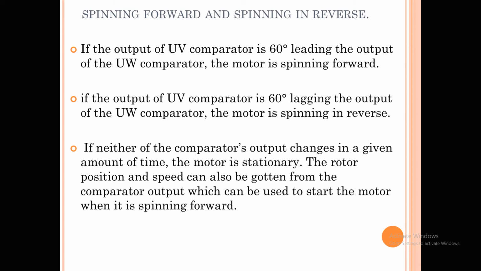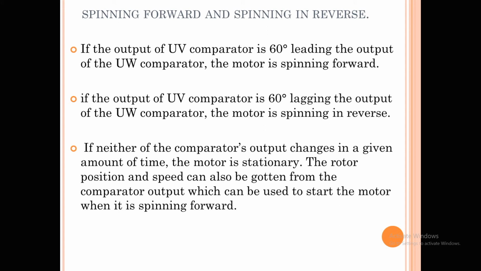So how is it going to do this? If the UV comparator is 60 degrees leading the output of the UW comparator, then the motor is spinning in a forward direction. If the UV comparator is 60 degrees lagging the output of the UW comparator, then the motor is spinning in a reverse direction.